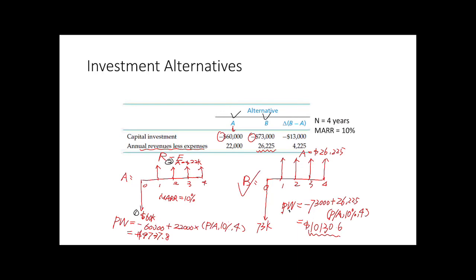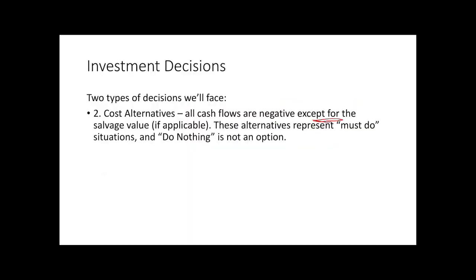That's your best solution. And we also talked about the cost alternatives, where you have no revenue for selecting that alternative. All you have is the capital investment and then the maintenance fee, the expenditure for operation. But you just have to do that. So this is the must-do project, like the roads and the bridges, all the public facilities.